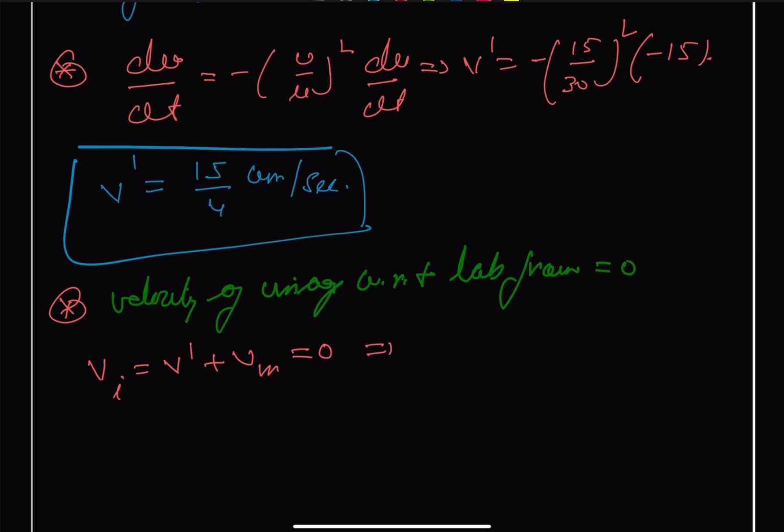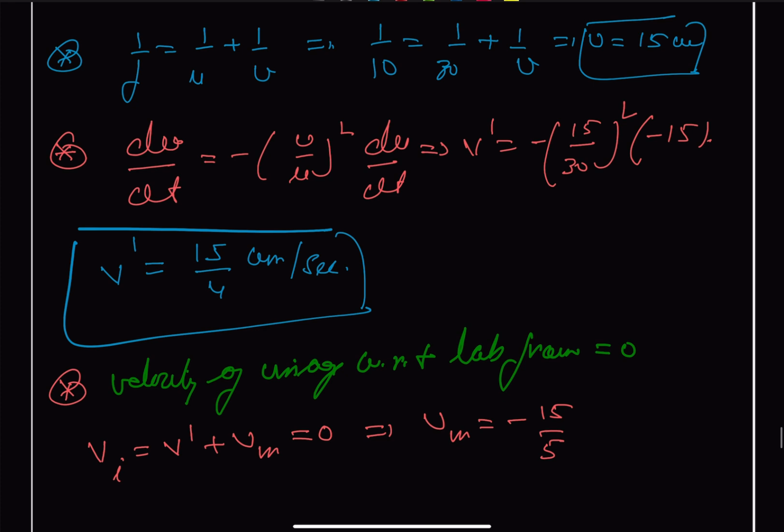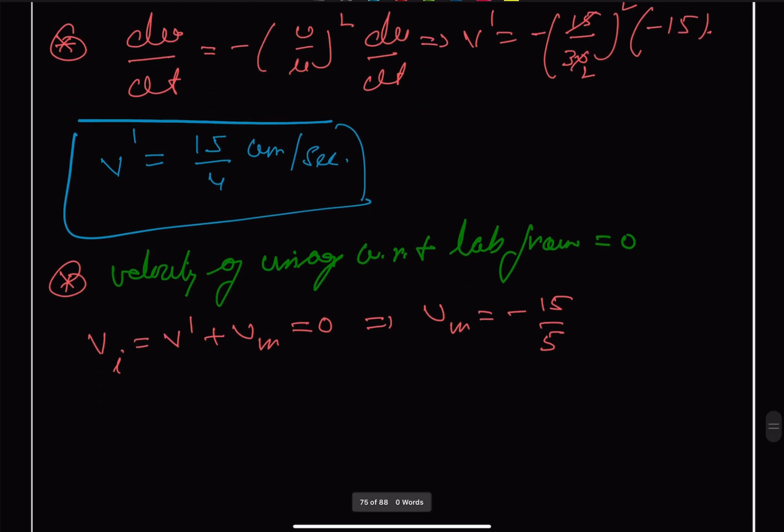From here we get our Vm will be equal to minus 15 upon 5, sorry, it is 15 upon 4, let me check. This is 15 by 4 centimeter per second.